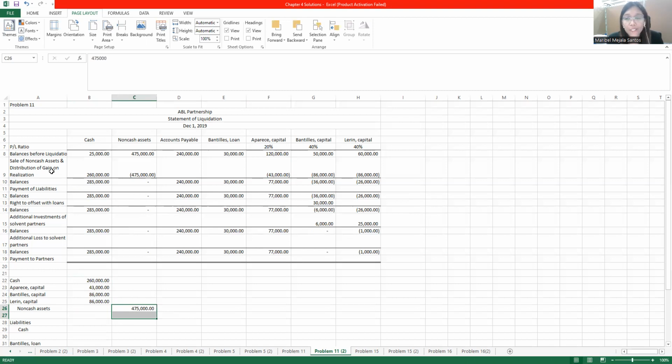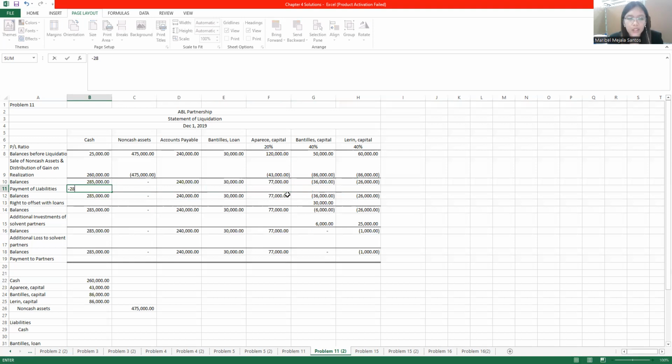After the sale of non-cash assets and distribution of losses among the partners, the balances will now become cash of 285,000, non-cash assets of 0, and liabilities of 240,000 still the same. Then we have a negative balance for B and of course for L. Now, let's pay the liabilities first, because that's what we settle first, that's the order of preference.